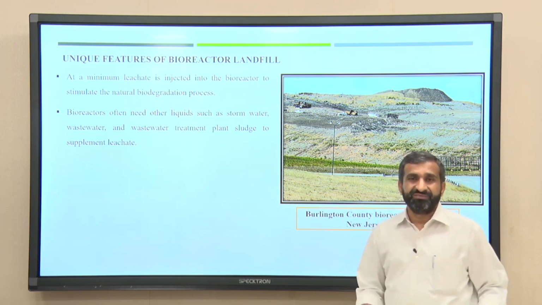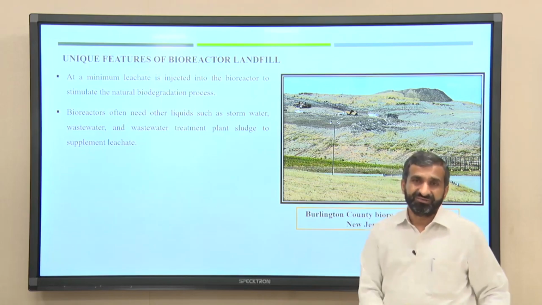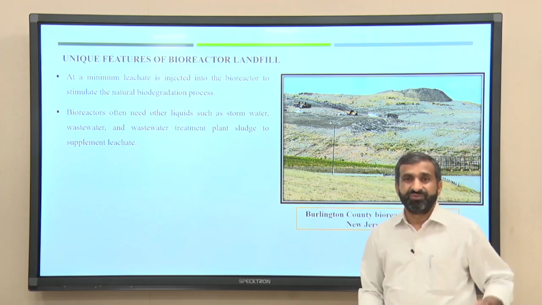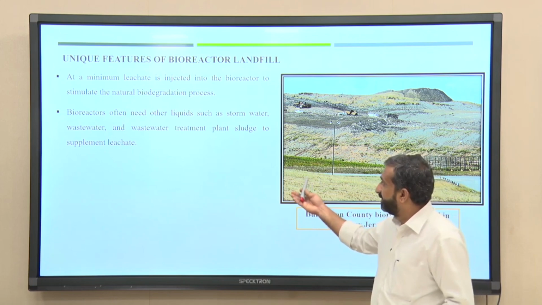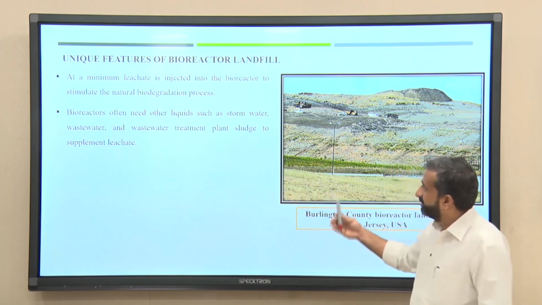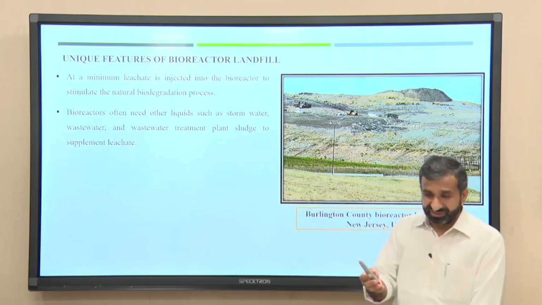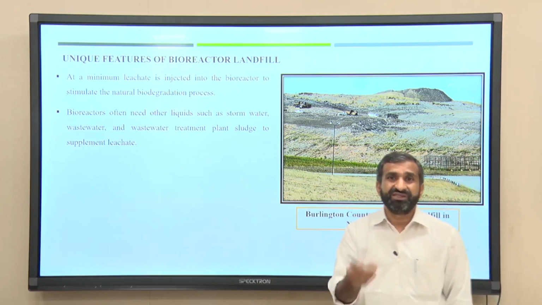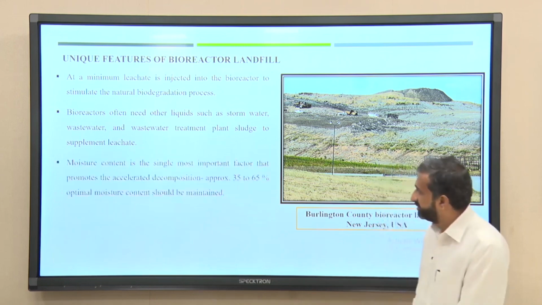So, obviously, the leachate production also will not be high, but when you talk about India, your leachate production itself is very high. That is why they require other kinds of liquids like storm water, wastewater treatment, even sludge, which they add because it consists of a lot of microbes, which can enhance the degradation in the bioreactor facilities.